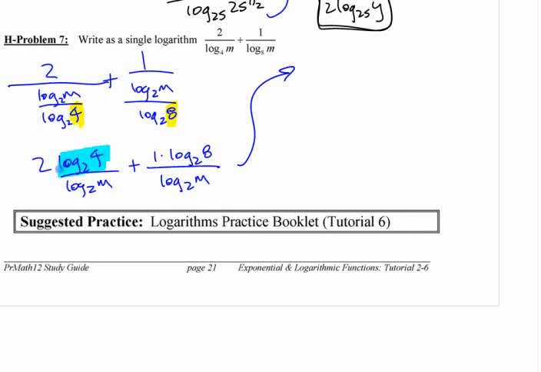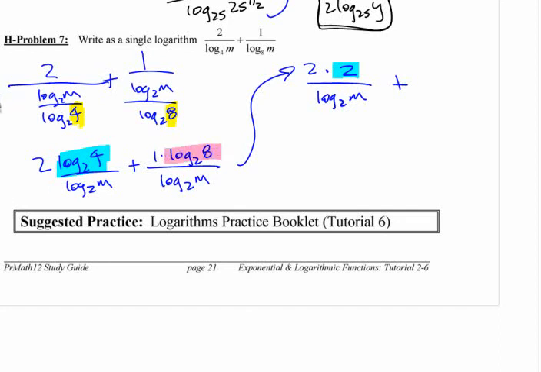You could evaluate that as, what's log base 2 of 4? 4 is like 2 squared, so it's 2, right? So you have 2 on the top of this fraction, log base 2 of m on the bottom. And the other one, what's this equal to?